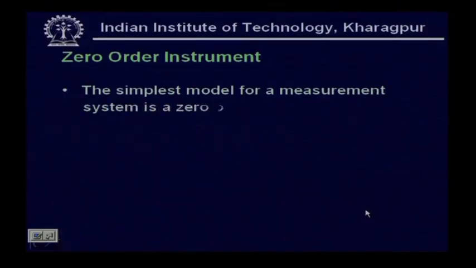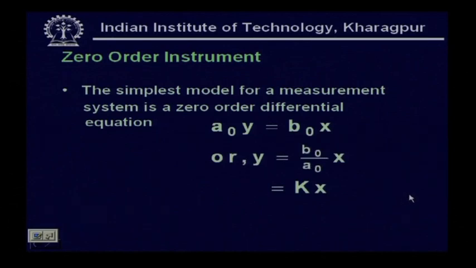The simplest model of a measurement system is a zero order differential equation. It looks like this: a naught y equal to b naught x, or y equal to b naught by a naught multiplied by x, equal to k x. You see, if you go back to our initial differential equation, this is our differential equation.